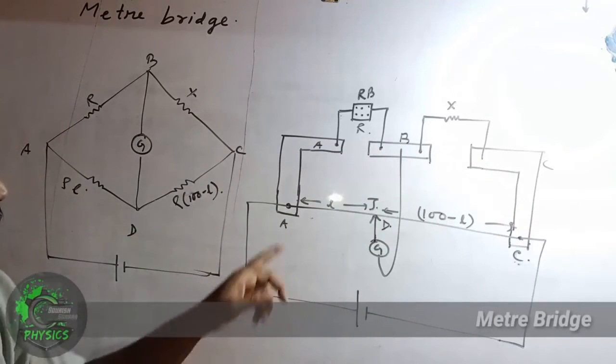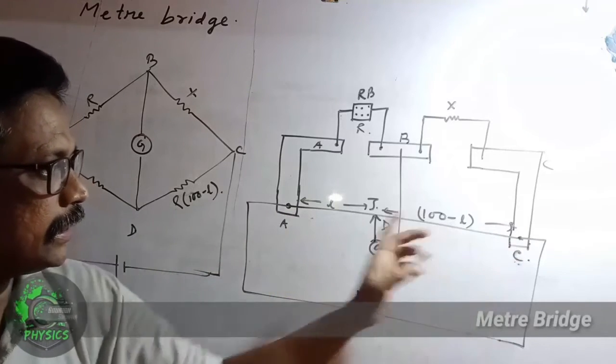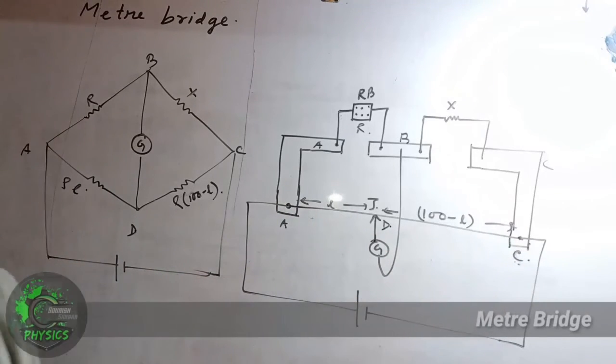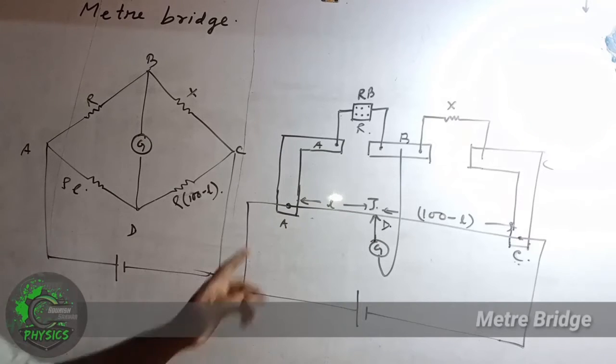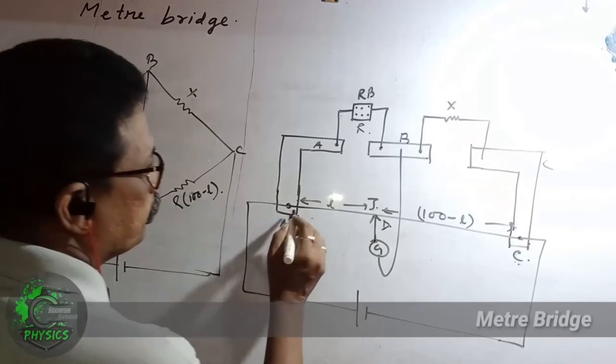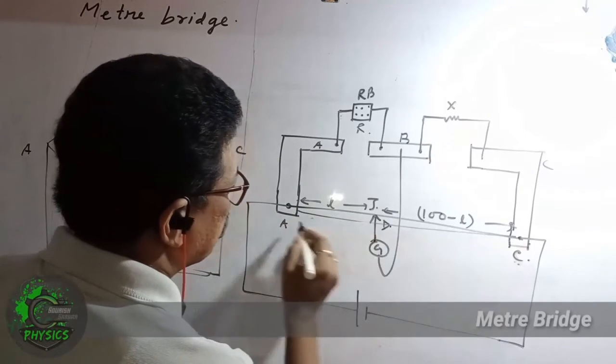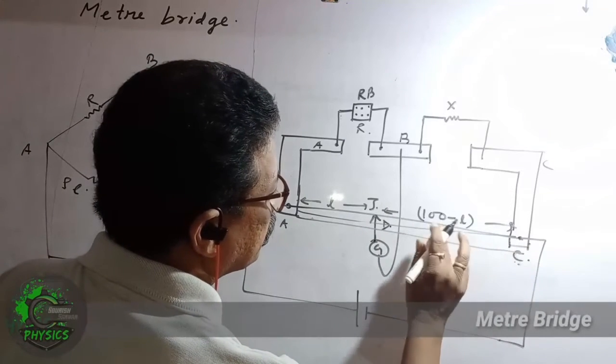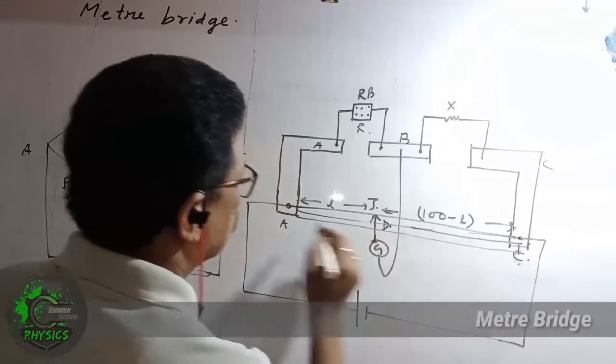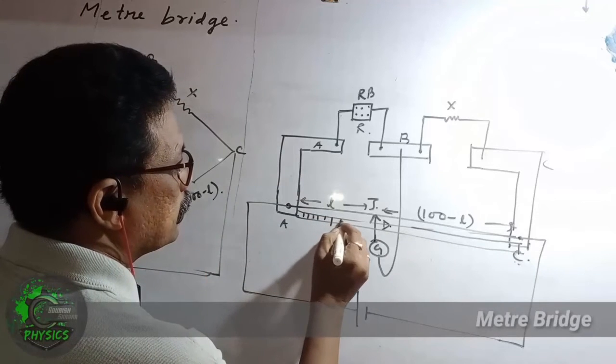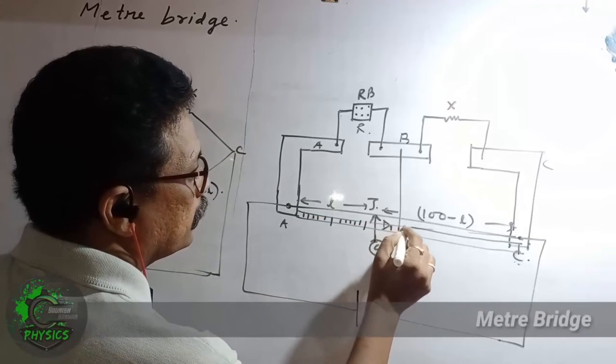Between A and C, a 100 centimeter long uniform resistance wire is stretched, and a 1 meter scale is fixed here to measure the length L.